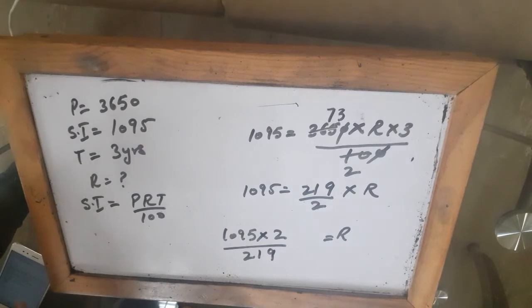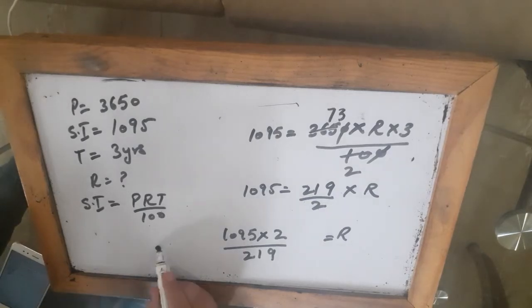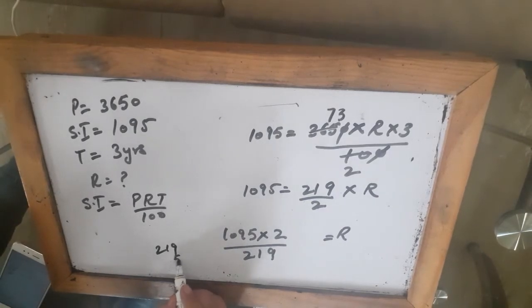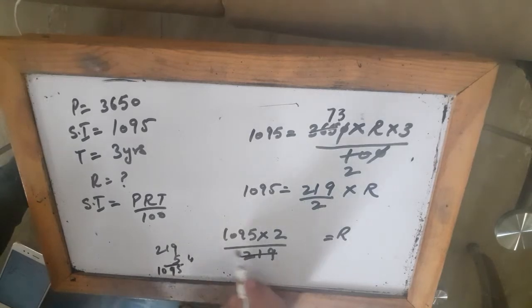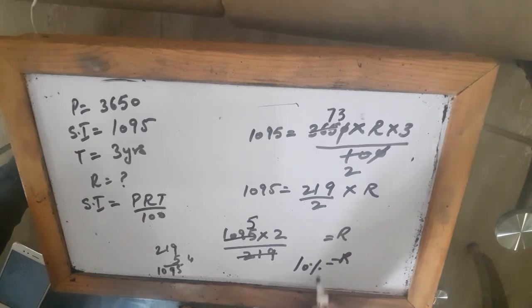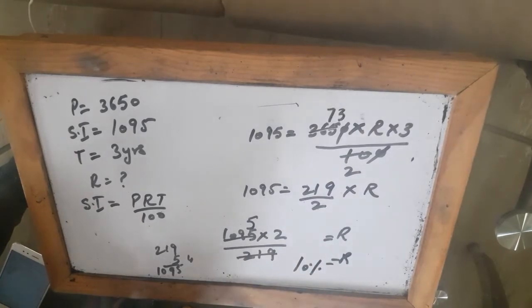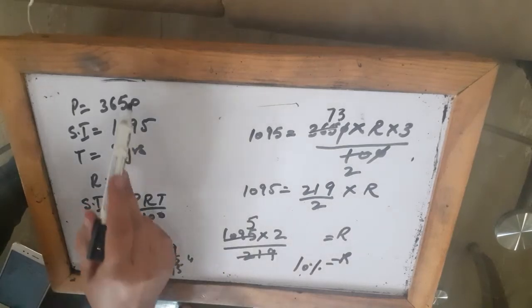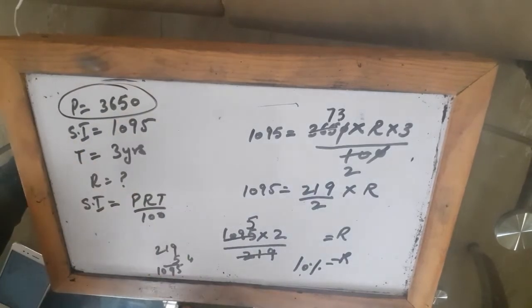When you cancel them, 219, 10, yes, 5. So R comes to 10%. So what is R? 10%. They asked you to find the rate of interest, 10%. They asked you to find the principal, this also I have found.